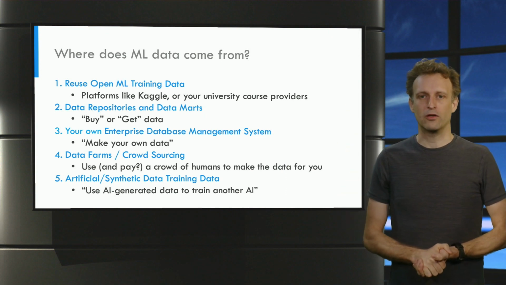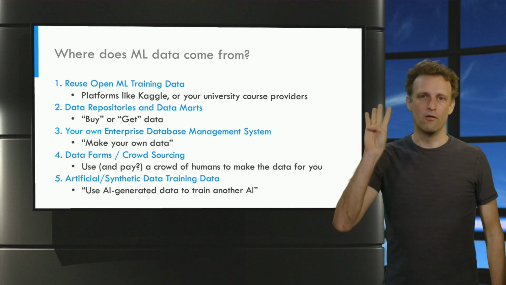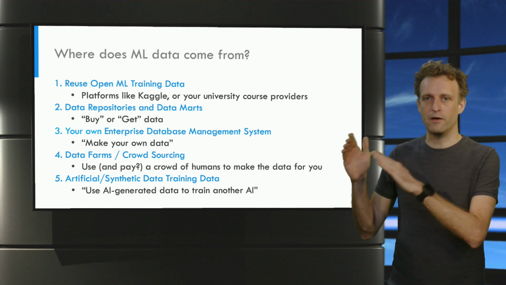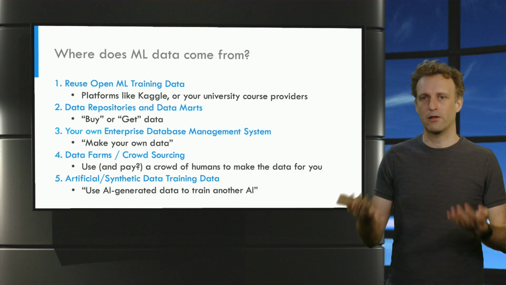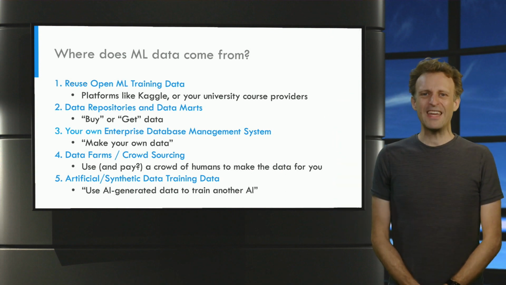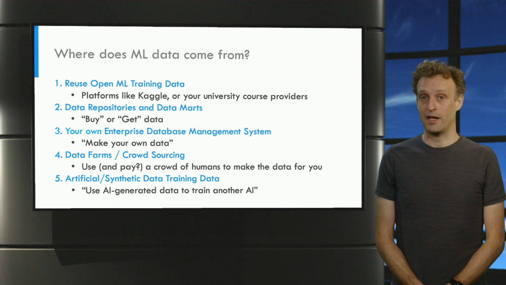Making datasets from internally available data in your own project or enterprise yourself. 4. Employing external workers or people in data farms or crowdsourcing platforms to make the data for you. And finally, 5. Making artificial or synthetic data using AI techniques.